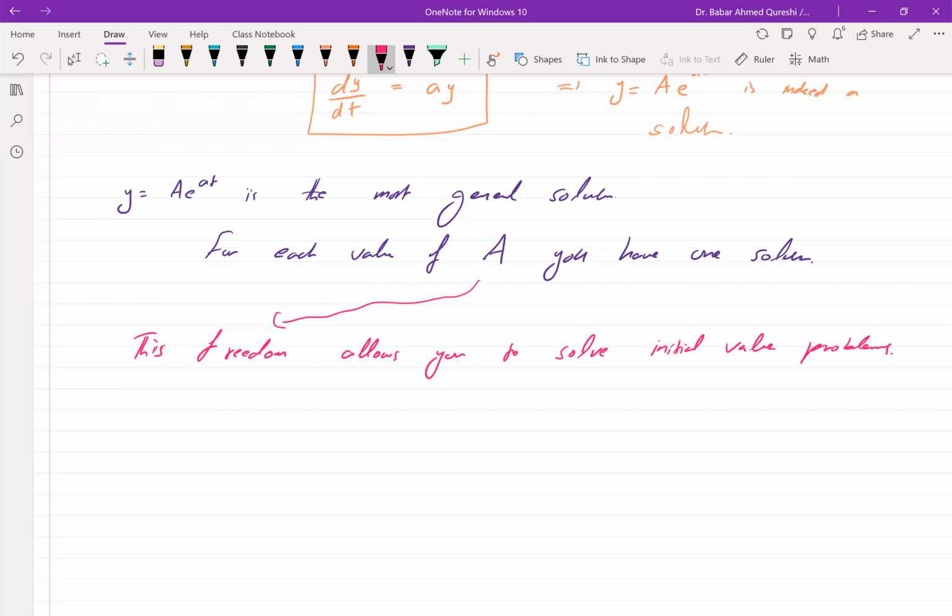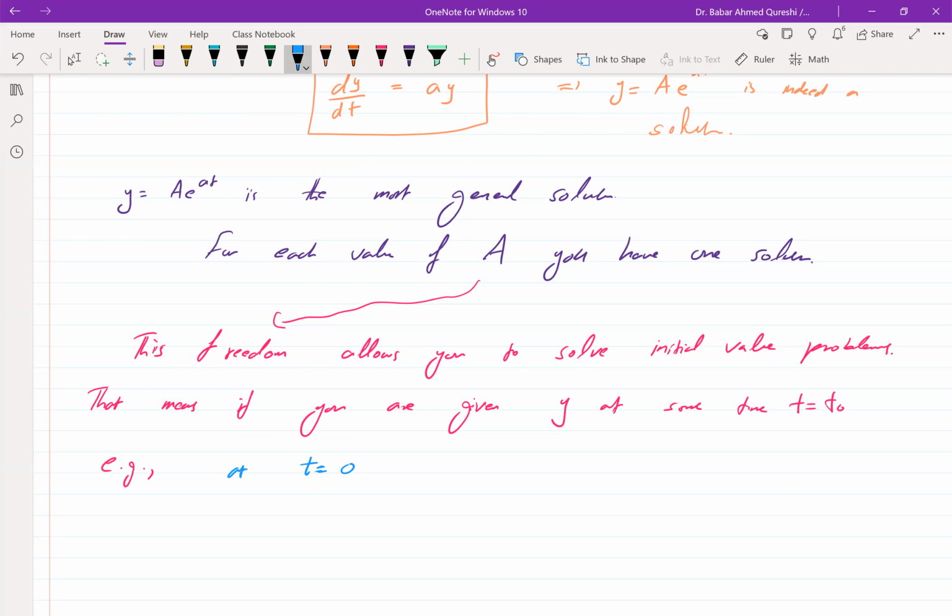That means if you are given the value of y at some initial time t, then this A will be fixed. For example, if you are told that at t is equal to 0, usually you're given the value of this quantity y at the start of the time, t is equal to 0, in the beginning.